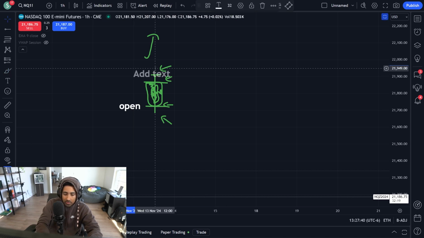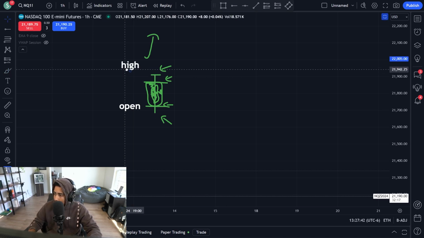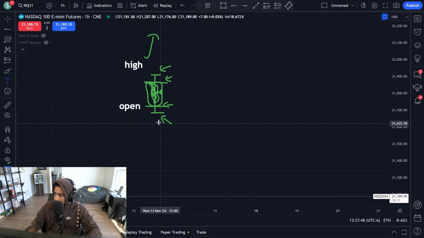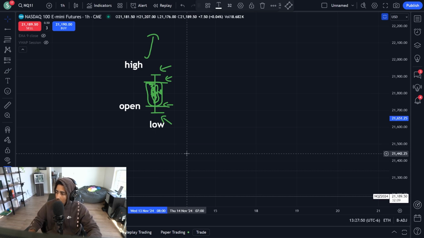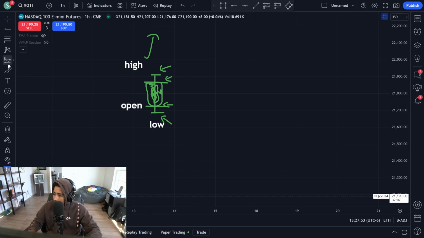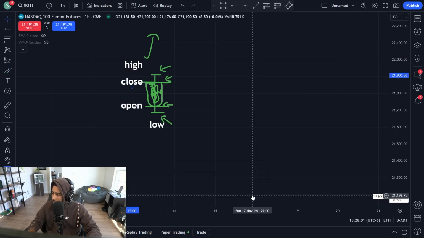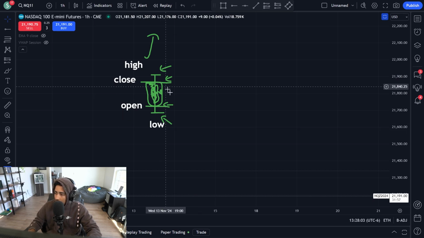This right here is going to be your high. It managed to come all the way down and create this low. This is going to be your low. And it eventually ended up closing at this price right here. So you've got your high, your close, your open, and your low.